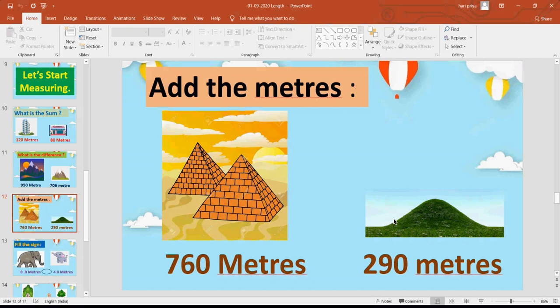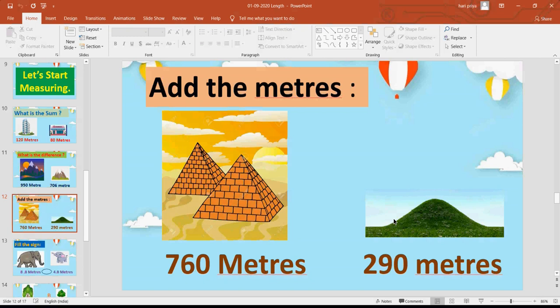So 760: you are going to drop 7 in hundreds place, 6 in tens place, and 0 in ones place, followed by 290: 2 in hundreds place, 9 in tens place, and 0 in ones place. If you add them, 0 plus 0 will be 0, and 9 plus 6 is 15, right? So we are carrying 1.